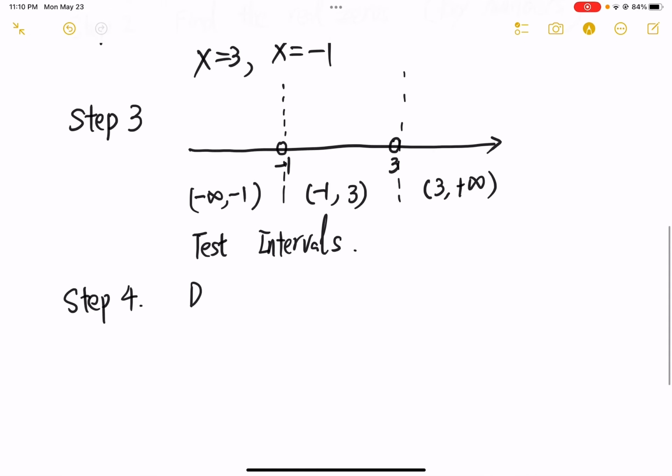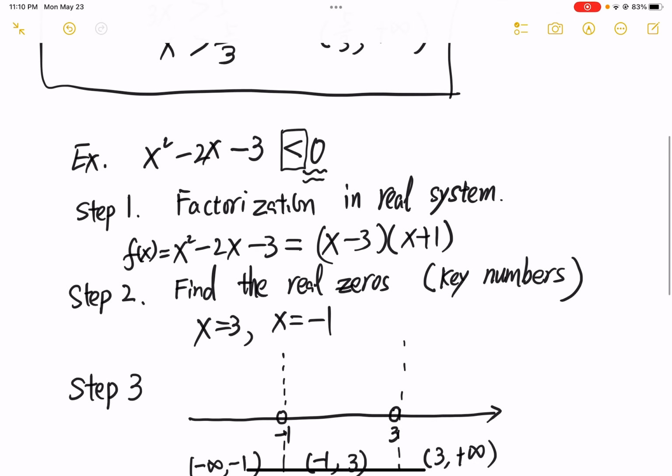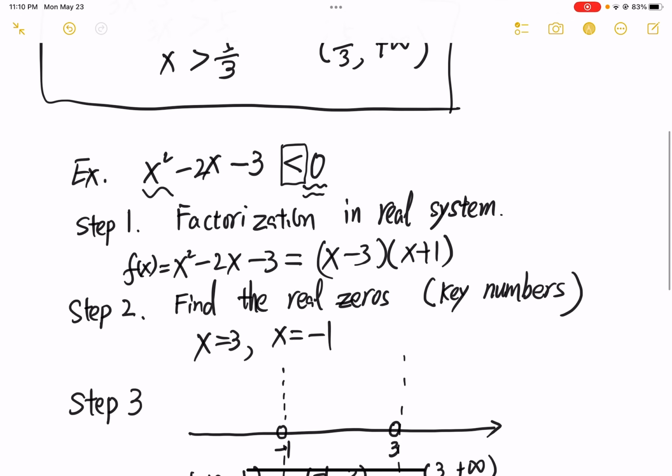So we need to determine the sign of this function f of x. This f is just the left side of this inequality.